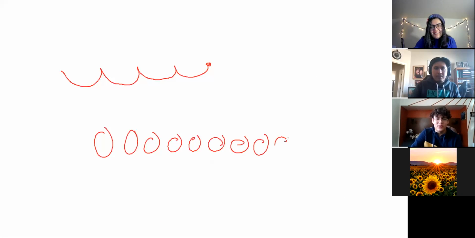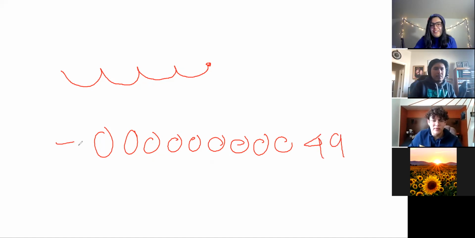So if you're moving your decimal to the left 20 places, then your number is going to be 0.000 and so on, until you reach the 20th zero, then 49. Don't worry, we already knew it was a small number. I was asking the students, but thanks.